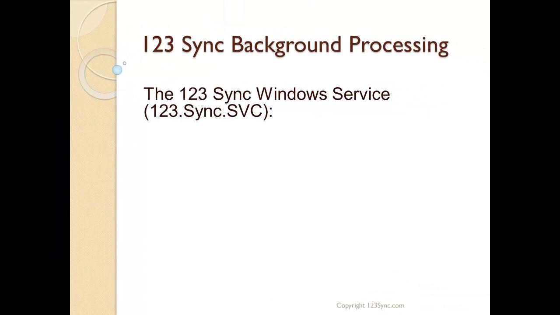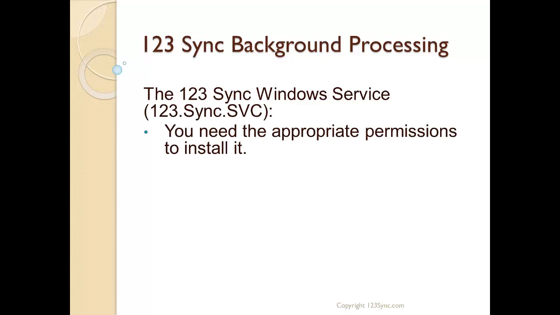First, we're going to deal with the 123Sync service. The name of the service that you'll see on the service panel is called 123.sync.svc. You need the appropriate permissions to install it. If you don't have the proper permissions, the service will either not appear on your services panel, or it will simply not work.